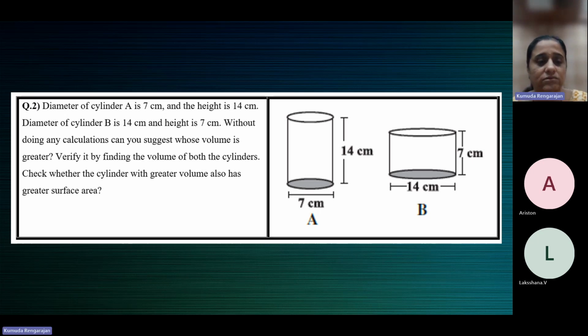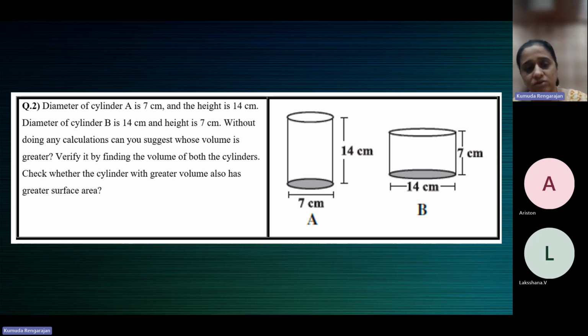So you need to check, without doing any calculations, can you suggest whose volume is greater? Verify it by finding the volume of both the cylinders. Check whether the cylinder with a greater volume also has greater surface area. So first you'll have to make a guess as to which cylinder will have greater volume.